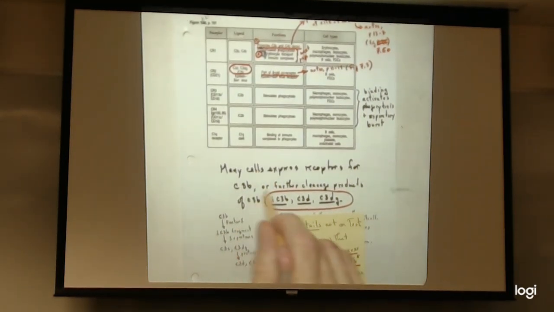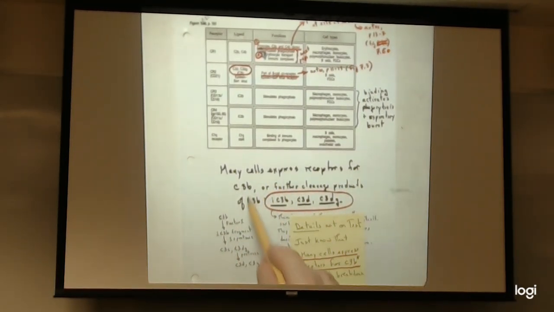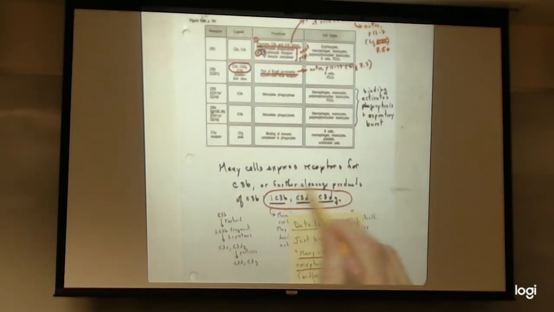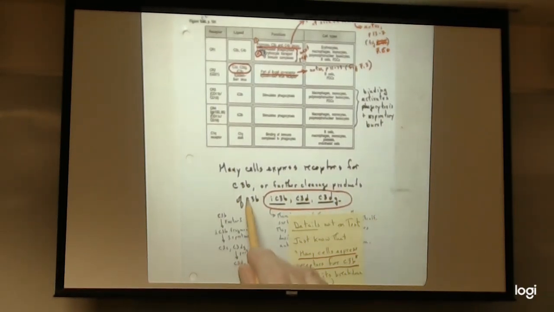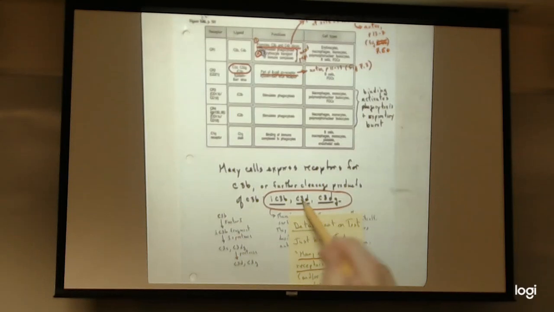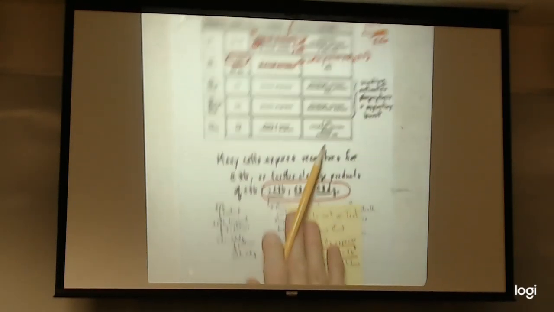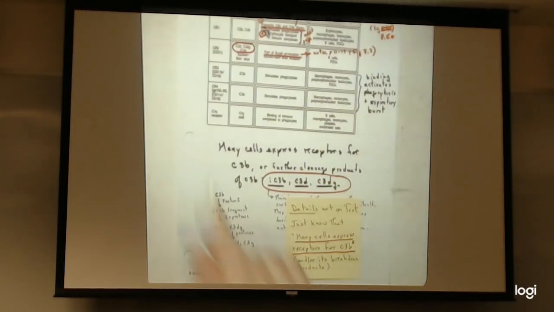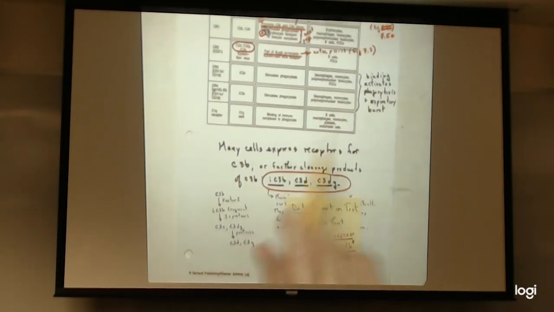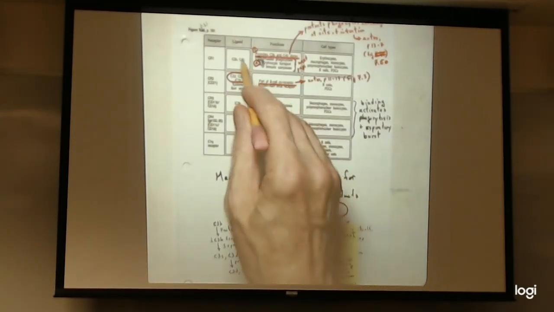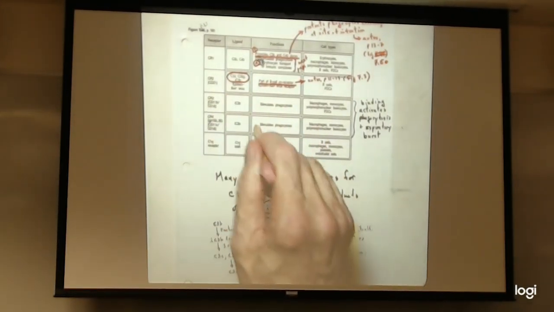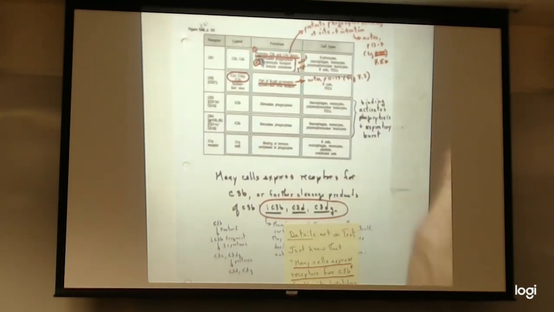These cells express receptors for C3b or for the further cleavage products of C3b: iC3b, C3d, C3dg. And here's some stuff that's not on the test. Just know that there are many different kinds of complement receptors expressed by different cell types.